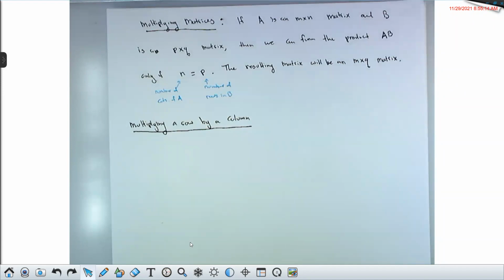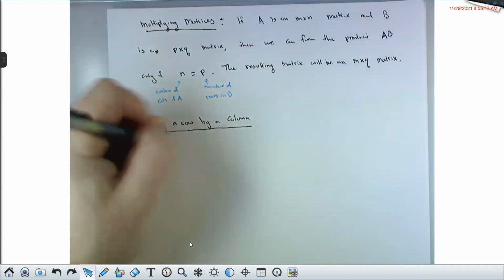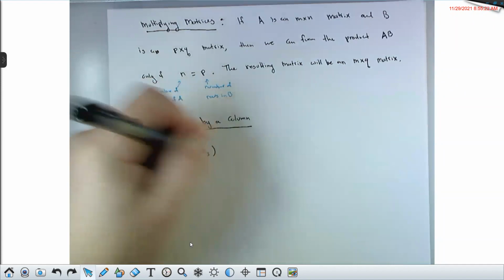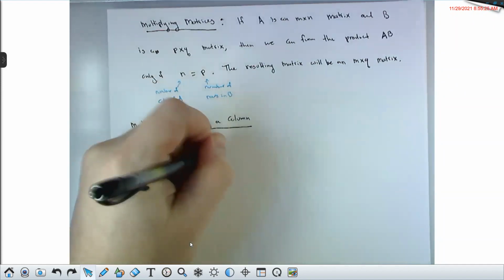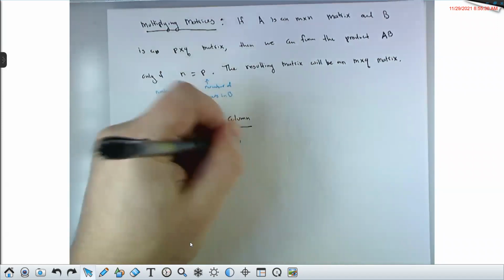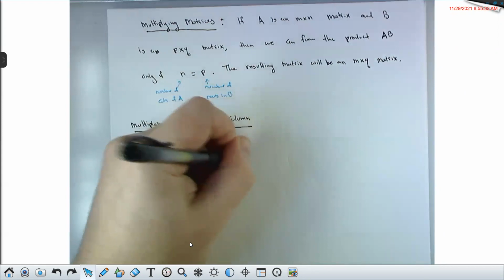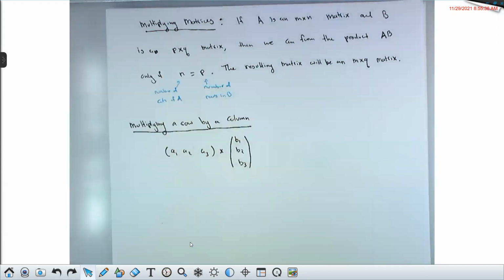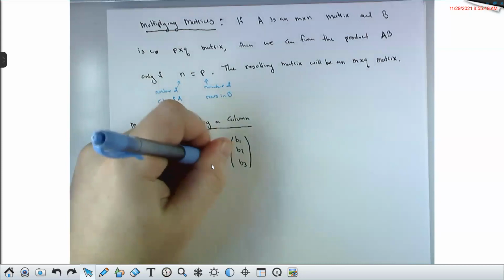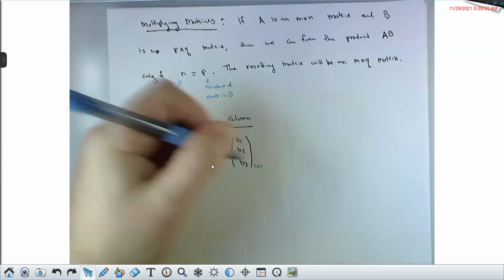Sure. So if I take the row, call it just A1, A2, A3, and I want to multiply that by the column, call that just B1, B2, B3. I can do this because this is a 1×3 matrix and this is a 3×1 matrix.